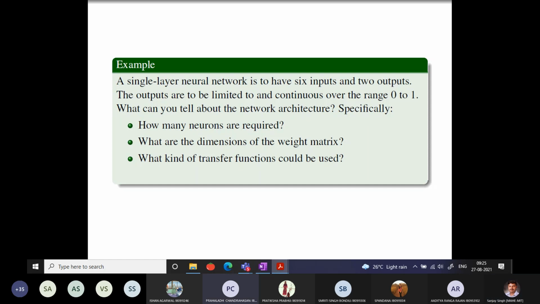And since the output is in the range of 0 to 1, we'll probably use the sigmoid function. And the dimension of the weight matrix will be number of inputs cross outputs, 6 cross 2. Yes, perfect. Any information do you have about the hidden layer in this particular problem?